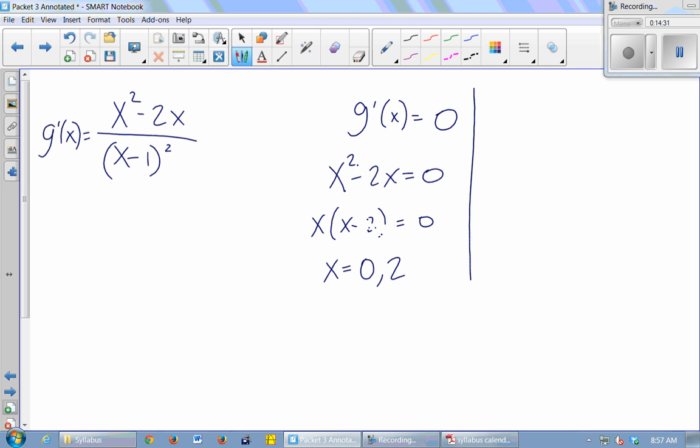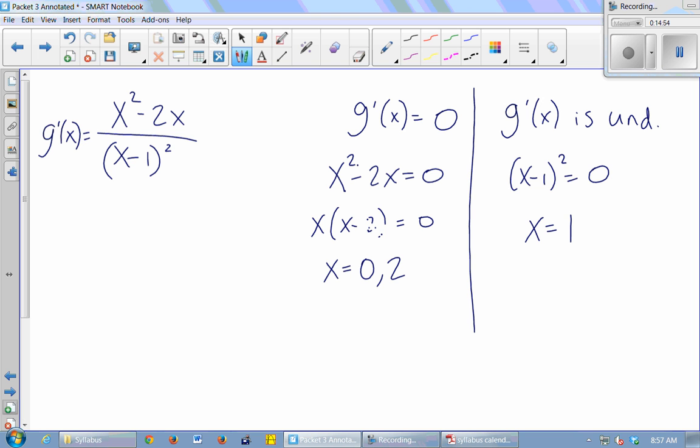So that's one way to find critical numbers, is where g prime is 0. Another place is to find places where g prime is undefined, right? Where is a fraction undefined? When the denominator is 0. So here I set x minus 1 squared equal to 0, and we get x equals 1.